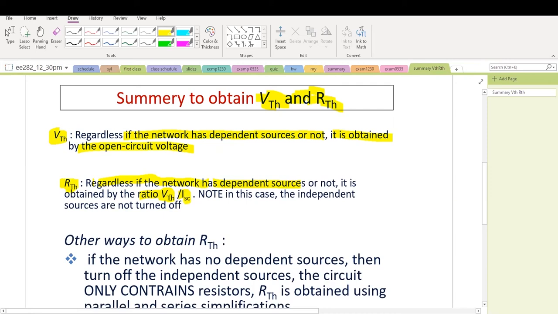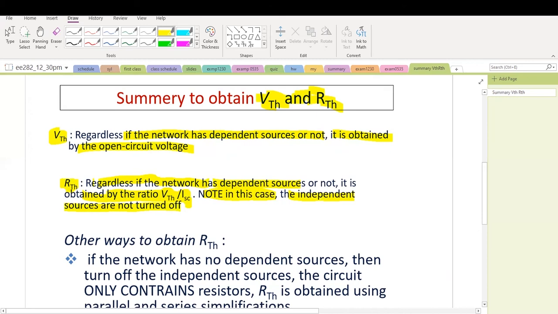So VTH, that's open circuit voltage, and ISC, that's the current of short circuit at the terminal. Note in this case, if we choose to calculate RTH in this way, the independent sources are not turned off when we calculate the short circuit current.